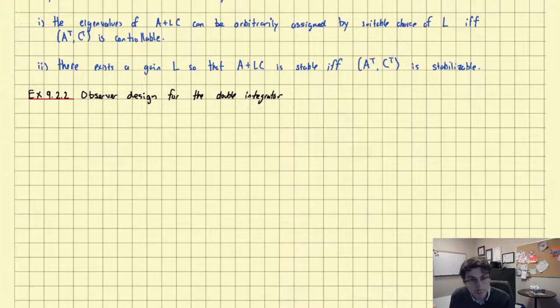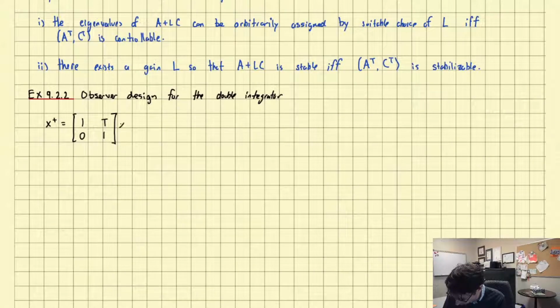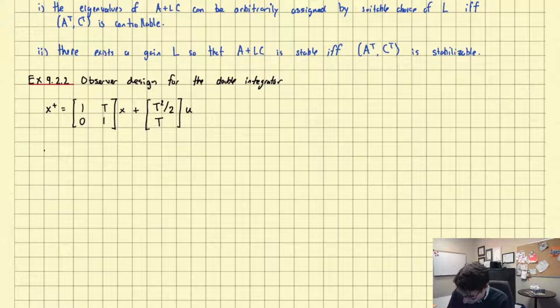Okay, so I'll remind you of the plant model. T here is the sampling period, and the output is x1. Okay, D matrix is 0. So here's our plant model.